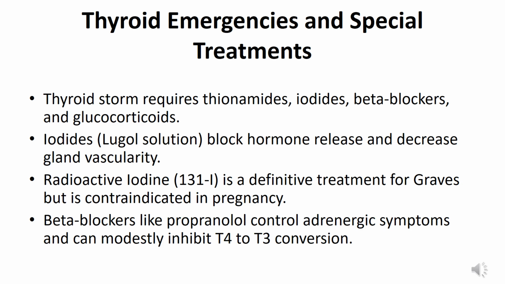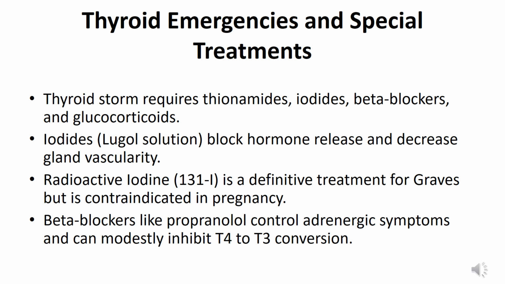Iodides also reduce thyroid gland vascularity, which becomes especially useful before thyroid surgery because it decreases bleeding risk. Timing is important, however. Iodides should only be administered after thionamides have already blocked new hormone synthesis. Otherwise, the thyroid gland could potentially use the iodine to produce even more hormone.